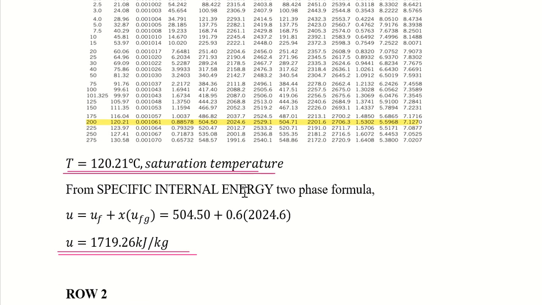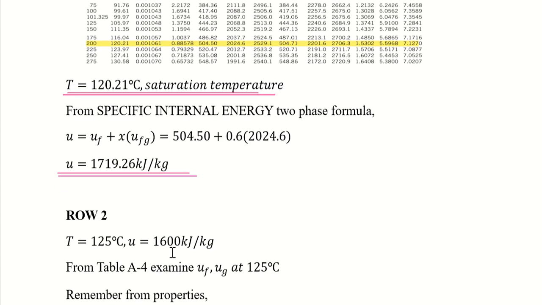So you have the quality, which is 0.6, and you multiply and you get your value. And don't forget the units, which is kilojoules per kilogram. You are done with the first part of the question.